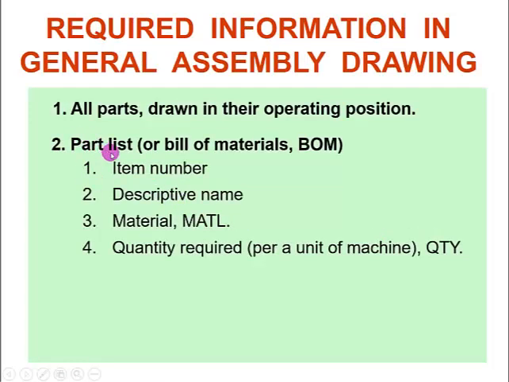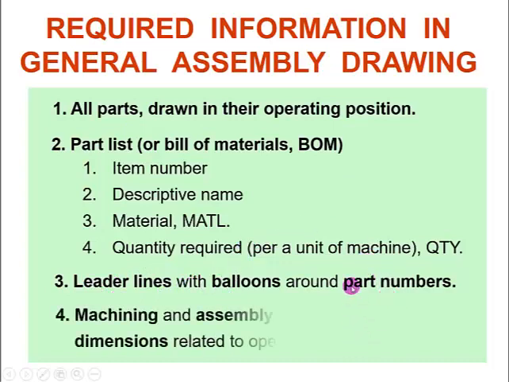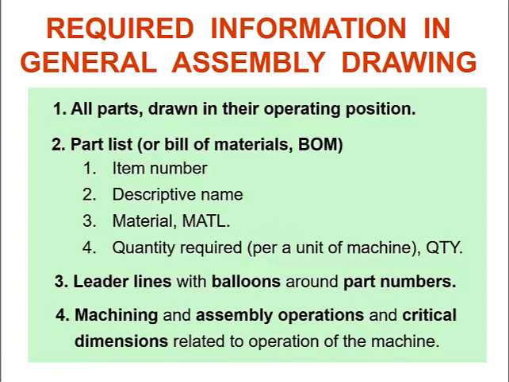So for the part list in the table, you should have the item number, the part's name, the material, and the required quantity, how many of them. And in the general assembly, you have to show little lines with the balloon around the part number. And machining and assembly operations and critical dimensions related to the operation of the machine.